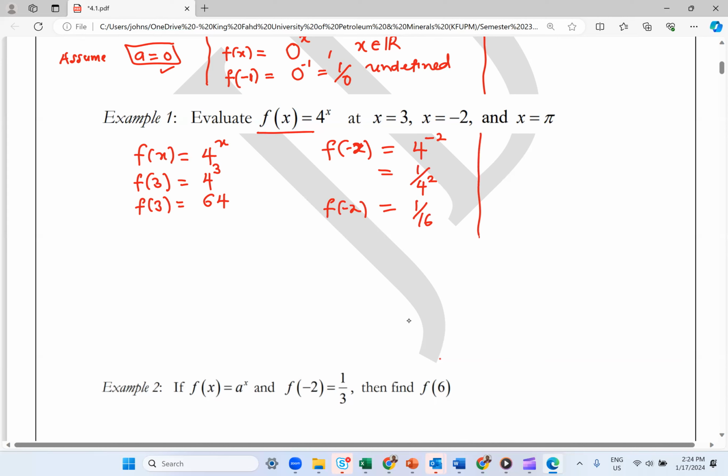Then finally, we can find f of pi. Remember, f of x is still the same, 4 to the power x. So f of pi is just going to be 4 to the power pi, and here we can leave it just like this.